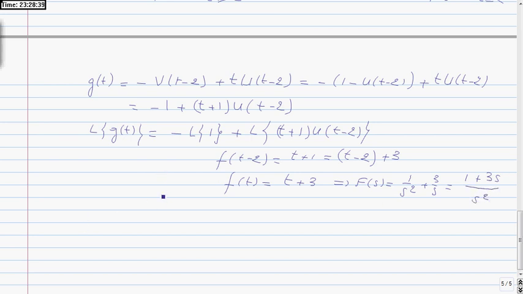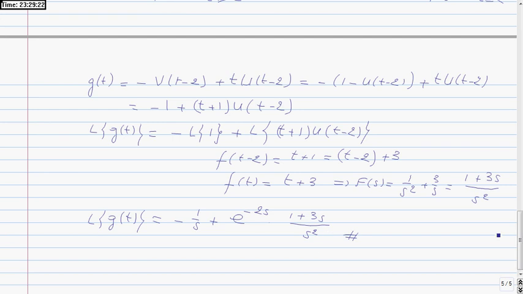Now, applying the second translation theorem and combining with the first part, the Laplace of g of t is -1 over s, and then plus exponential minus 2s times F of s, which is (1 plus 3s) over s squared. Okay, so this is how to apply the second translation theorem for finding the Laplace of a piecewise function.